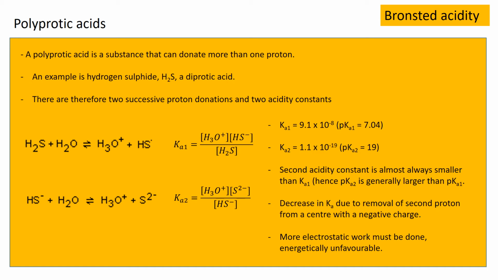In the second acidity constant, we've got to remove a proton from a center which already has a negative charge. So it's energetically unfavorable for that to happen. It requires more energy to remove a proton from a centre with a negative charge, and therefore that proton really doesn't want to be removed from HS minus, and the second acidity constant is much lower.